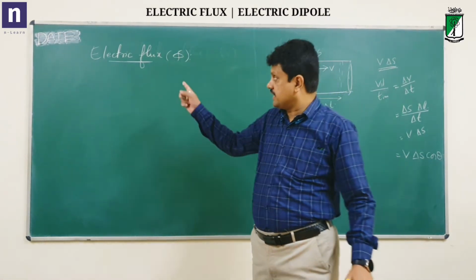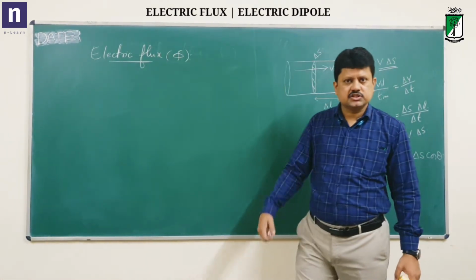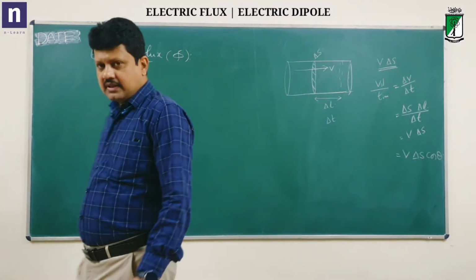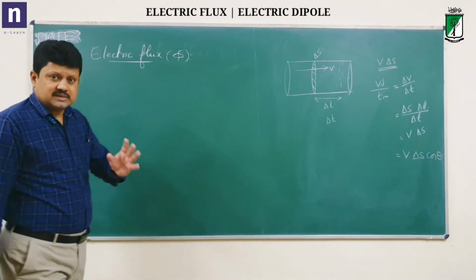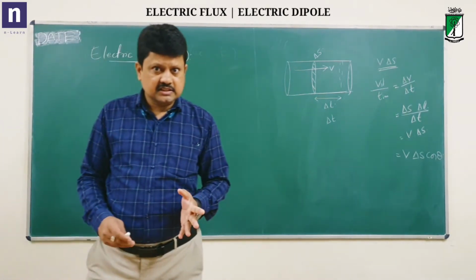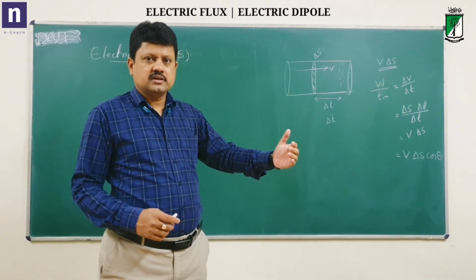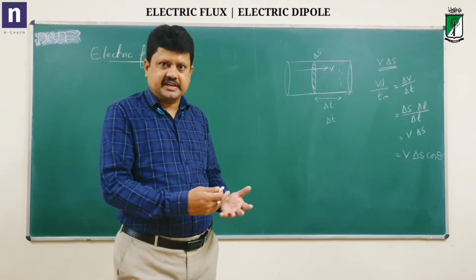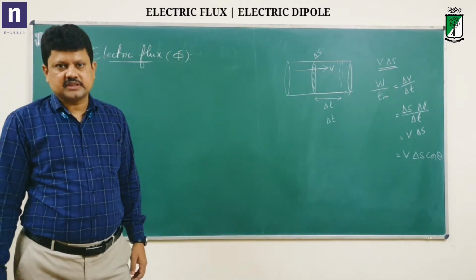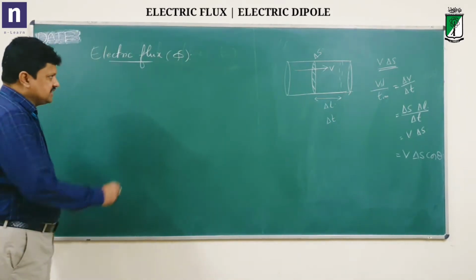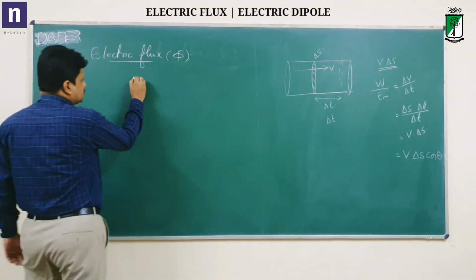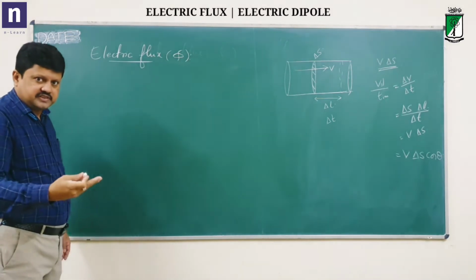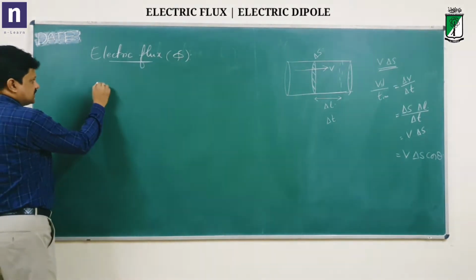Whereas here we have electric flux, something similar to that. That is, by definition, electric flux is nothing but the total number of electric field lines passing through a cross-sectional area, a surface area perpendicular to it. That is, number of field lines passing normal to the surface. Electric flux through the given surface is given by what?